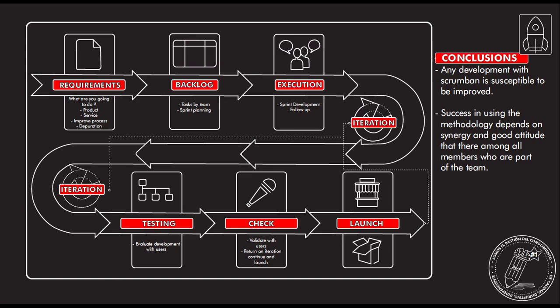As a conclusion, we can say that any development with Scrumban is susceptible to being improved. It doesn't matter if you already launched it. Maybe after you sell something, you say, oh no, I have to make an update because I noticed this and that, and maybe I can improve it. Success in using this methodology depends on the synergy and good attitude among all members who are part of the team.